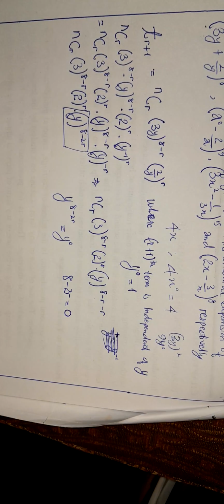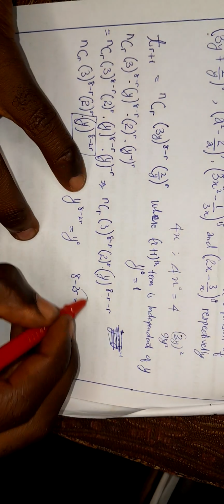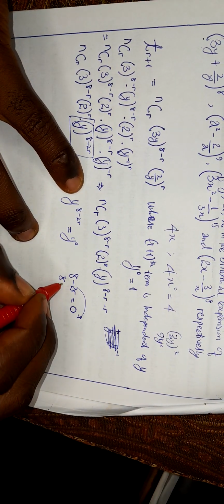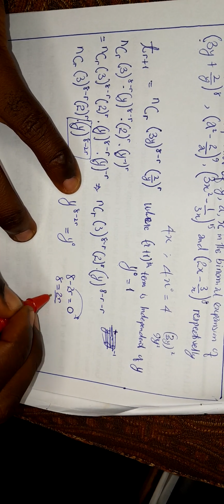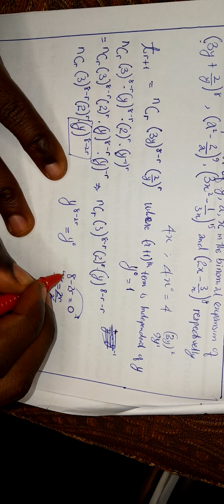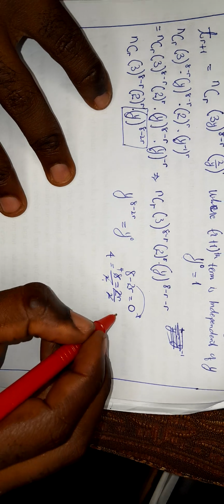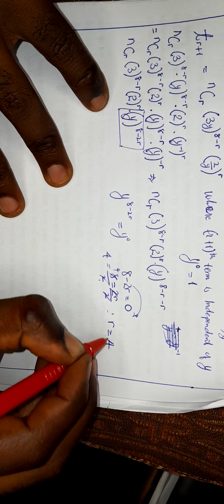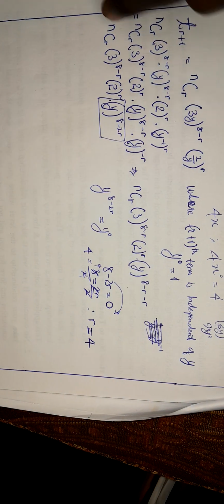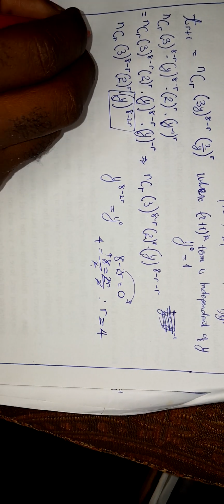If 8 minus 2r equals 0, the question is, what is r? This becomes 8 equals 2r. Over 2, over 2: 2 here 1, 2 here 4. It means that r equals 4. You now substitute the value r equals 4 in this. So n is actually the power, which is 8.